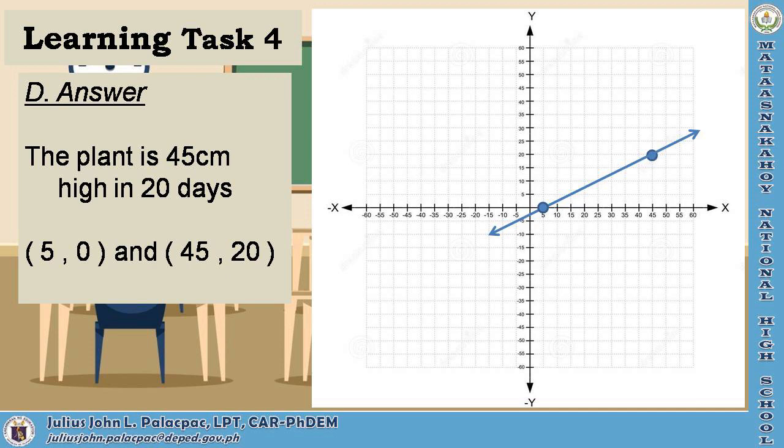And if Y is 20, X is 45. So 2 points. So the answer, the height of the plant after 20 days is 45 centimeters high. And the other answer is, the first point is 5, 0. The second point is 45, 20.